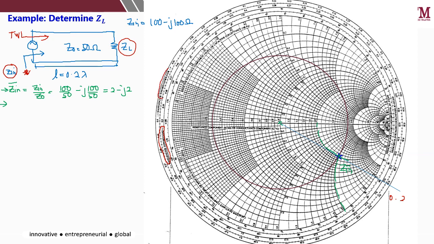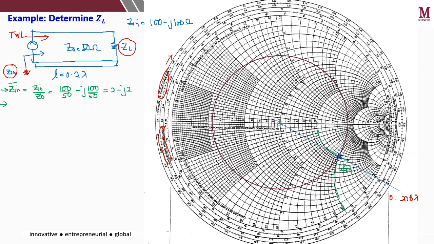Towards generator is pointing clockwise, while towards the load the arrow is pointing anti-clockwise, and you need to read through the middle axis. Okay, so it's somewhere here, 0.2, 0.21, so some 0.208. That's the current position.